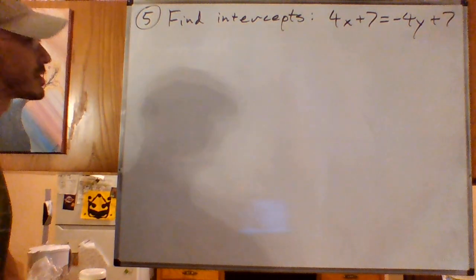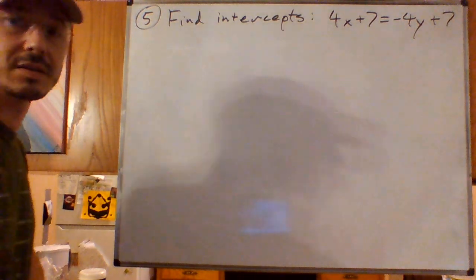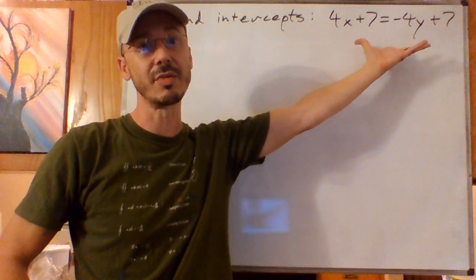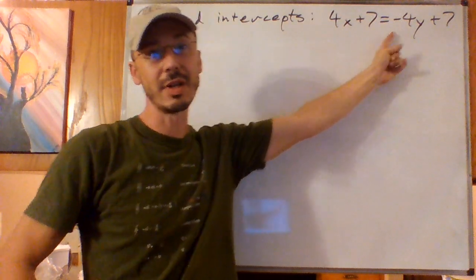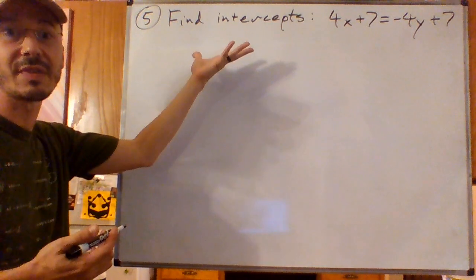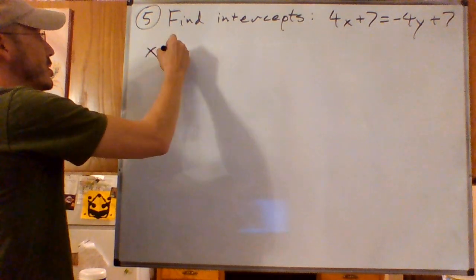And I really don't have to modify it. This isn't the regular form of the equation in 2 variables. It's got the y over here and the x over here. It's okay, but since all we have to do is find the intercepts, I'm just going to do that.